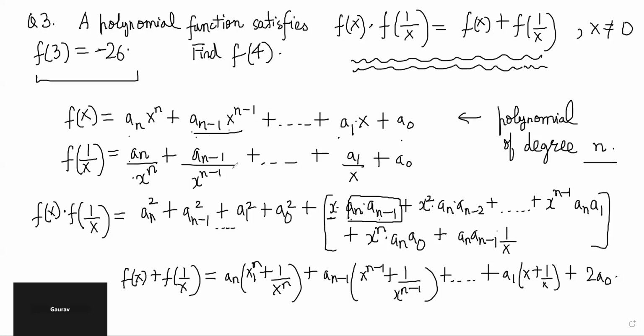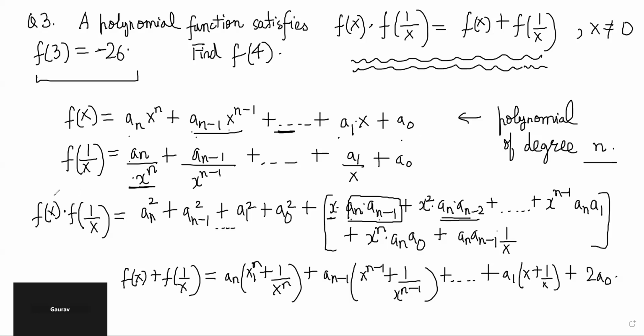There will also be a term like an minus 2 into an and 1 by x square, when you take x power n minus 2 here and multiply with this, right? So you can see that these terms will be grouped together. You will get x plus 1 by x, x square plus 1 by x square, and so on, right?